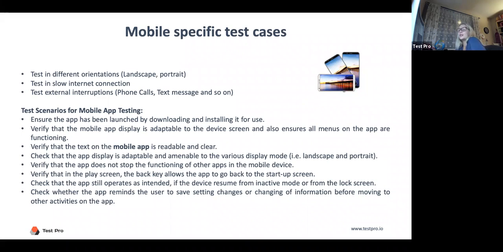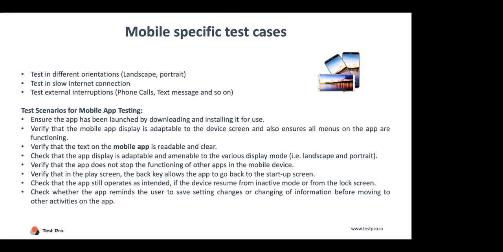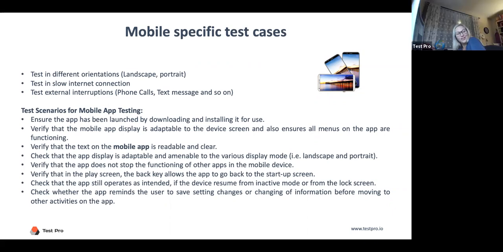Okay. Next one. Check that the application display is adaptable and amenable to the various display modes, like landscape and portrait. Compatibility. That's, I would say, functional. Because right now you check and yeah, you can say compatibility, and I wouldn't say that's totally wrong.